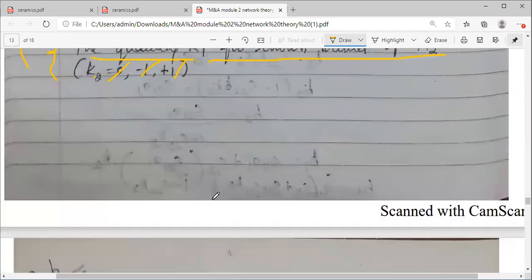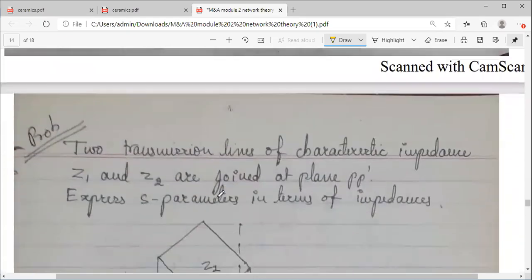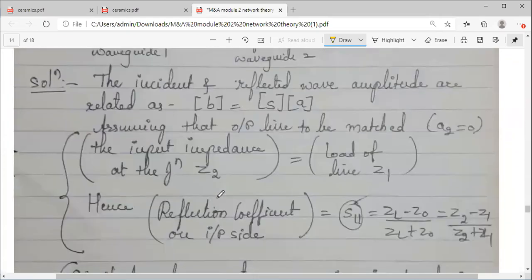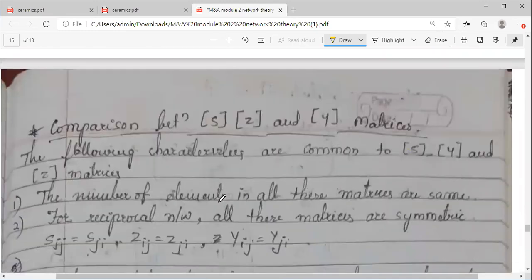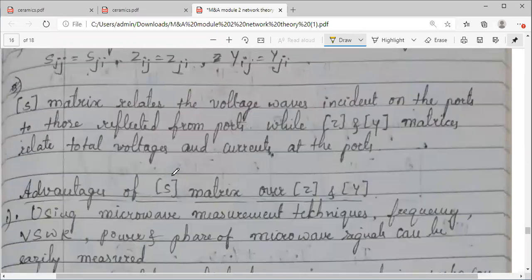Hope you understood this. We are now left with the comparison between the three different matrices Z and Y, which you have already studied earlier, and the S matrix, which you are studying in this subject. This one comparison, and what are the advantages of the S matrix.